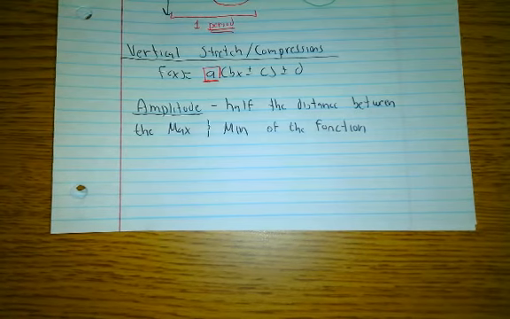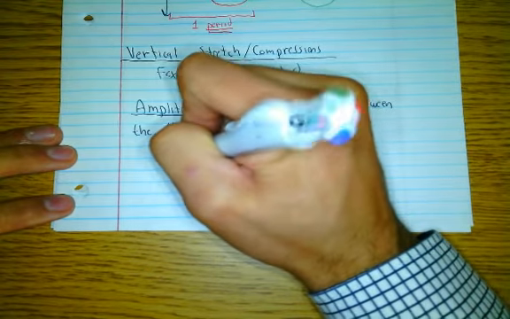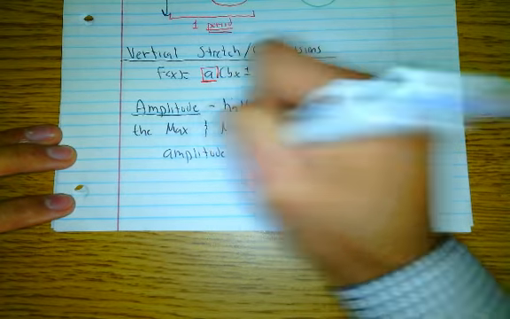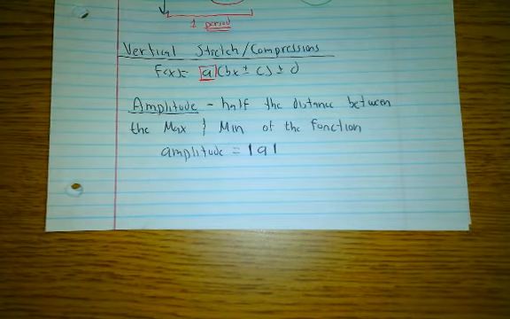And amplitude is very easy. You ready? Amplitude is equal to the absolute value of A. Where is A coming from? Right there. It's the number that's all the way in front.